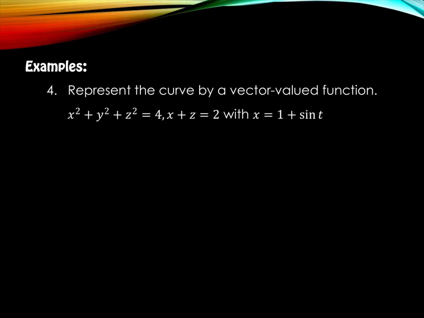So I've got x plus z equals 2, and I've got x is equal to 1 plus sine t. So this is the one that's already got the parameter in it, and so this one is going to come and it's going to merge to being substituted inside of the second equation. So I have 1 plus sine t, and then I have plus z equals 2. Okay, I think I got it in there, right? And the goal is to solve this for z so that we have z in terms of t, right?